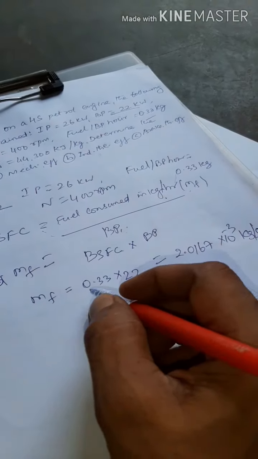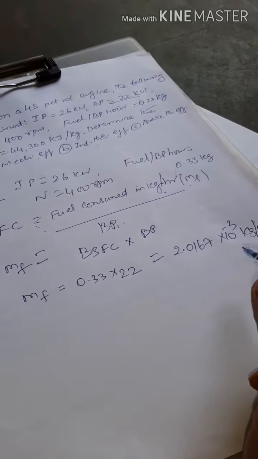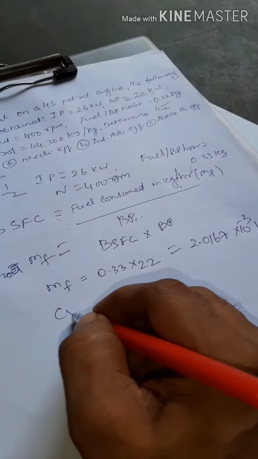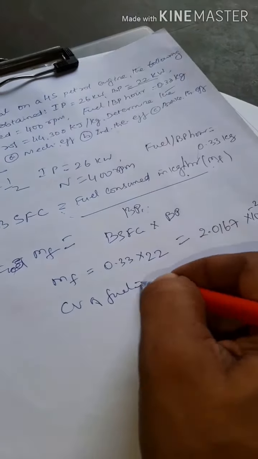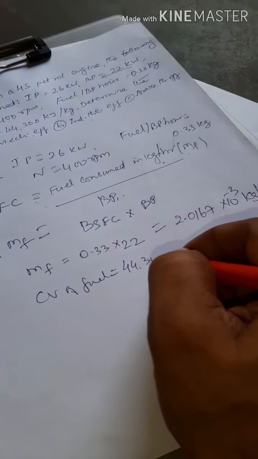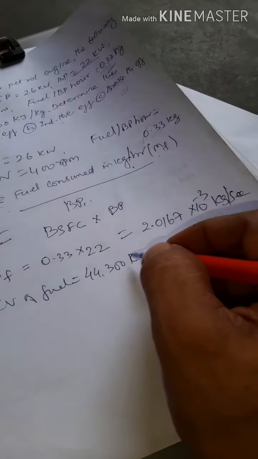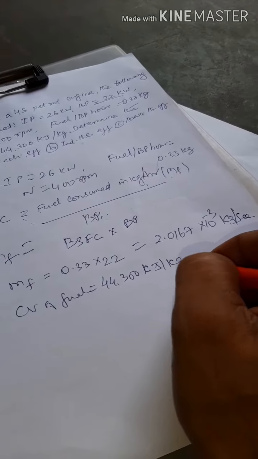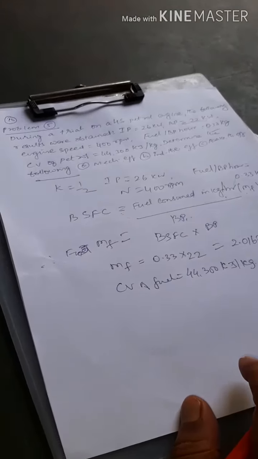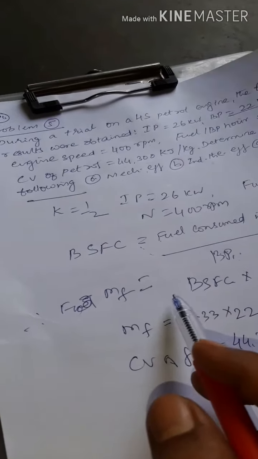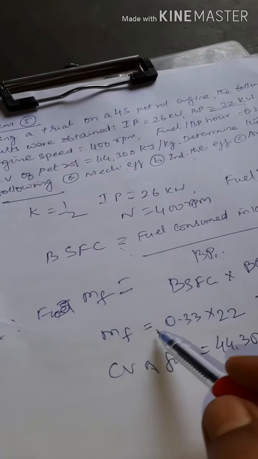Next, calorific value is given. So calorific value, CV of fuel, is equal to 44,300 kilojoules per kg. Now in this they have not given the mass of fuel consumed.